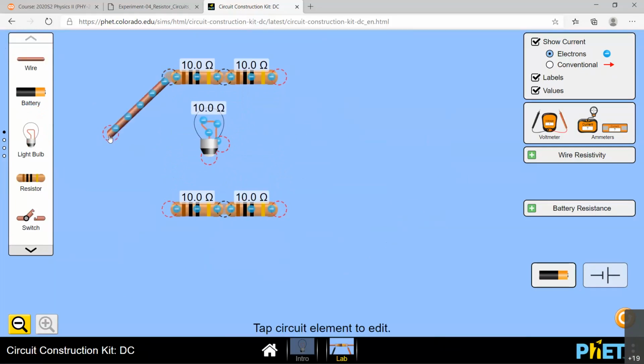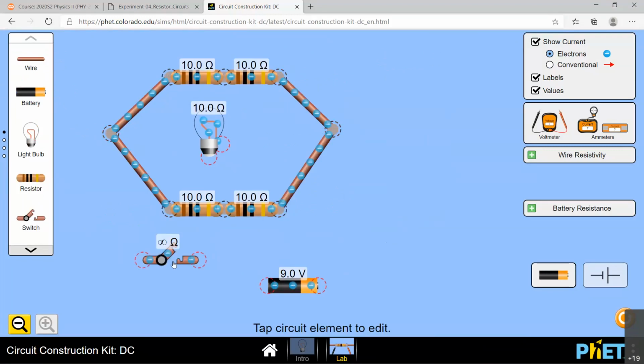Then let's complete this circuit. These two should connect together, and the other side should connect together, and then these two ends should be connected to the battery, and I need a switch here. Apply battery and switch.